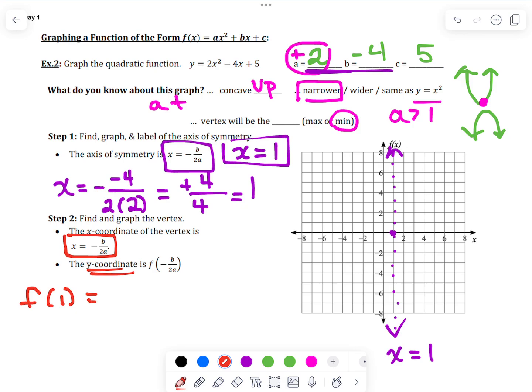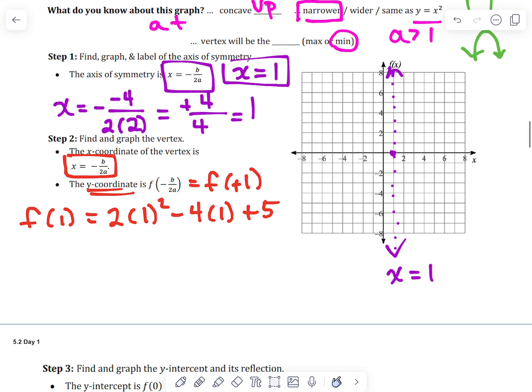We're inputting 1 into the function because we know our x-coordinate is on the line of symmetry. So we sub it in: replace the x with 1, and then simplify it. We would do our order of operations.